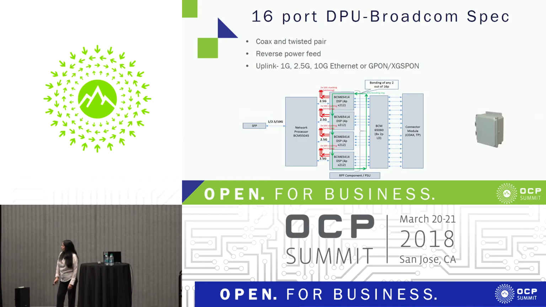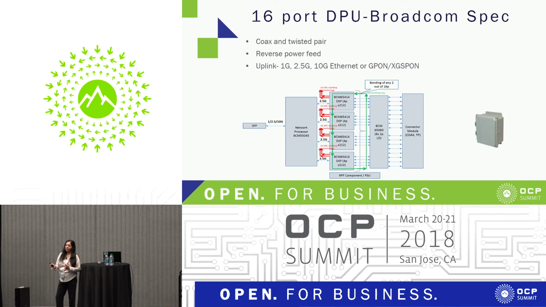So this is the block diagram of the 16-port DPU with the Broadcom design. In our deployment scenario, it includes using both the coax and the twisted pair medium. And also one of the key requirements here was the reverse power feed. Reverse power feed is something where you could use the power from the customer to power up the DPU box. The critical piece here is that with just one customer line, you would have to power up the box.